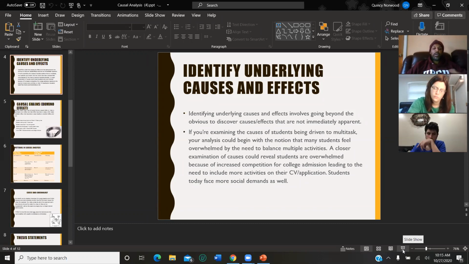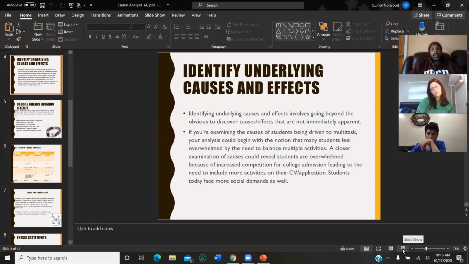Underlying causes or underlying effects are just causes or effects that maybe require some reflection, or things that aren't necessarily on the surface. That's why I want you all to really spend some time, especially over the next week while you're putting your draft together, living with your topic, and try to think about it as deeply as you can. Try to come up with ideas. You've already submitted your outline, but maybe you jot some more things down on some scrap paper.